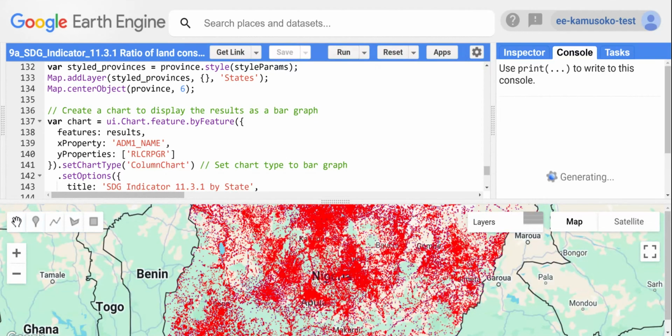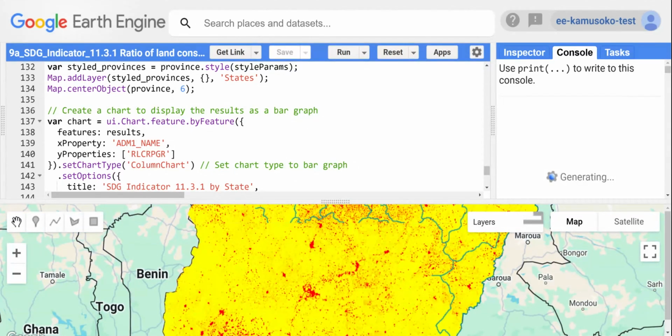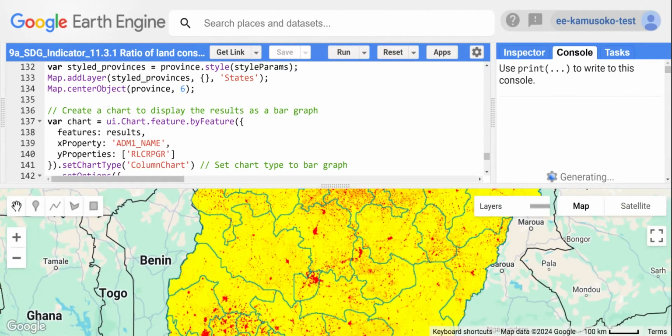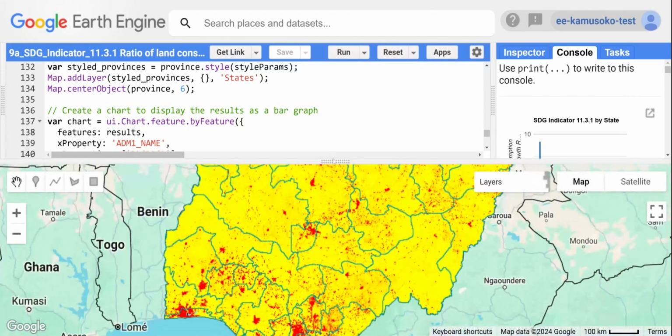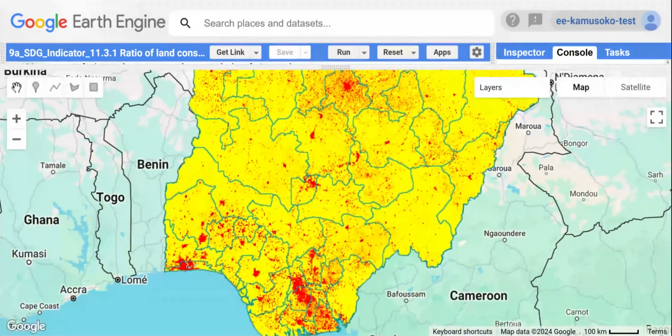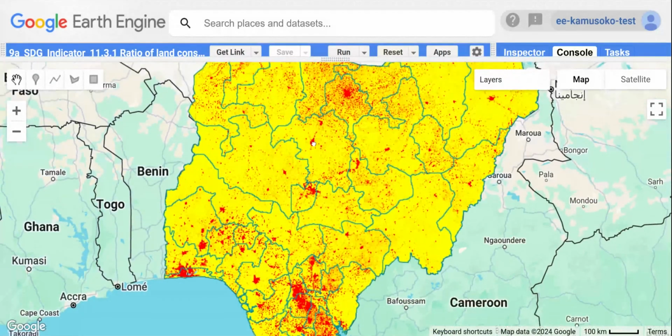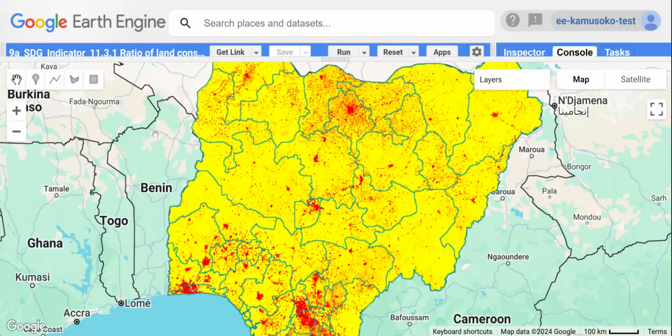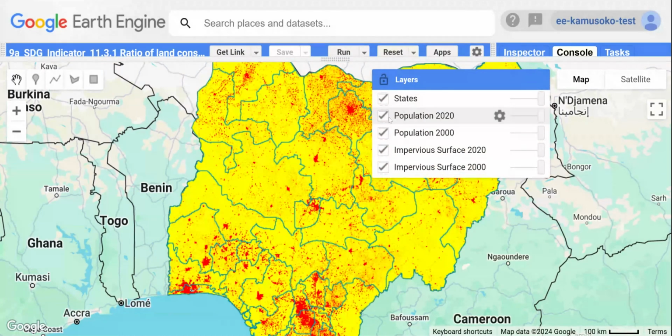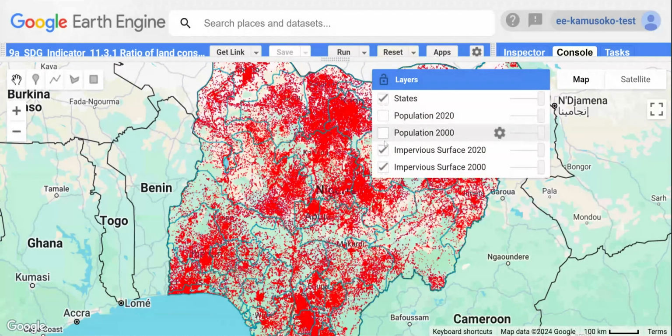Okay, so these are the maps and the boundaries. All right, let's just check them. Okay, so we have our layers here.